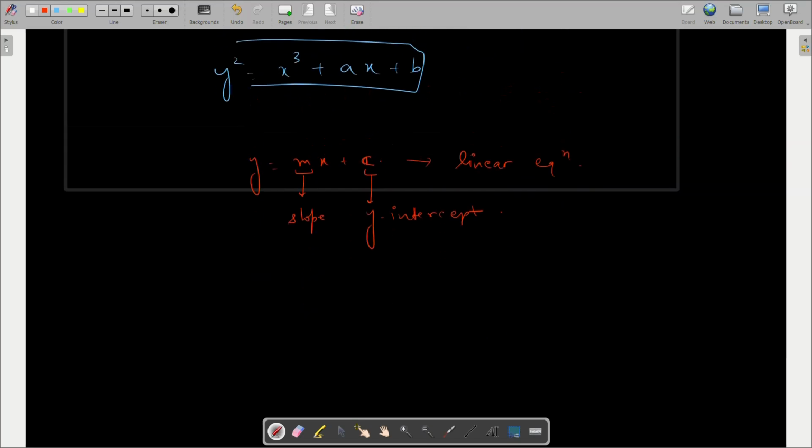You could also graph a linear equation: you would have y, then x, and you would simply create a line, with a y-intercept and a slope for this particular line.